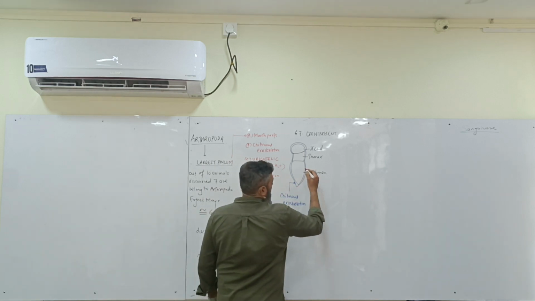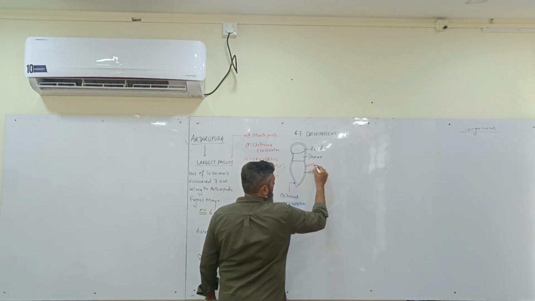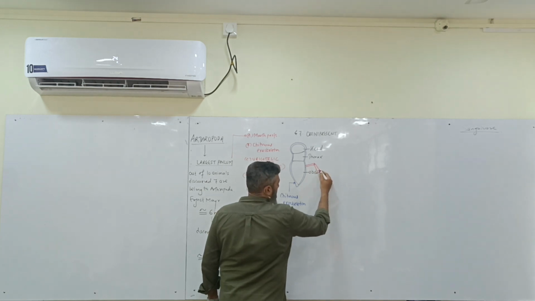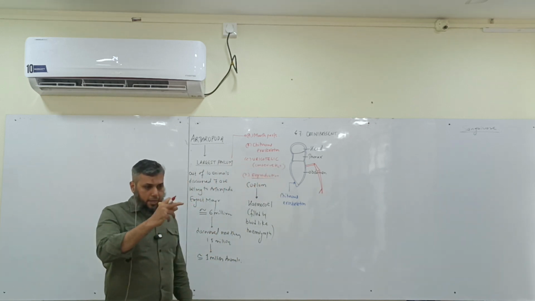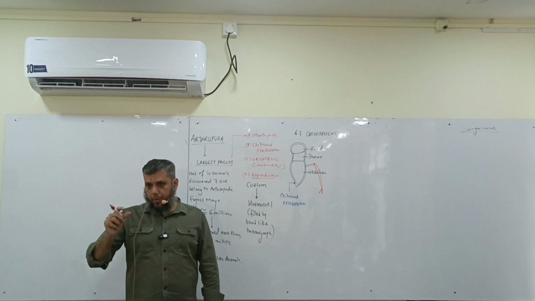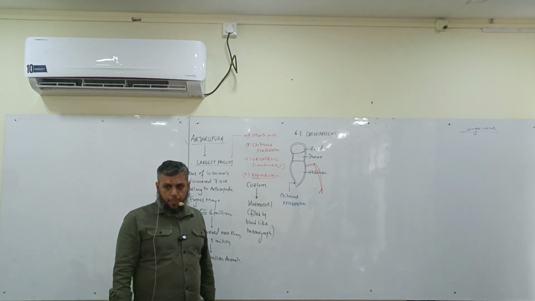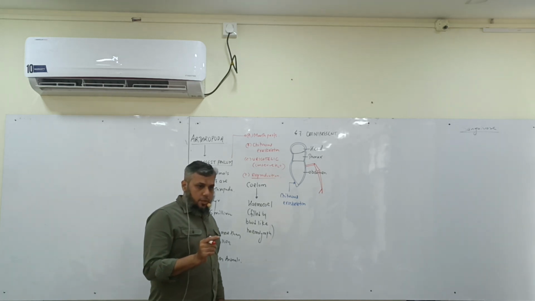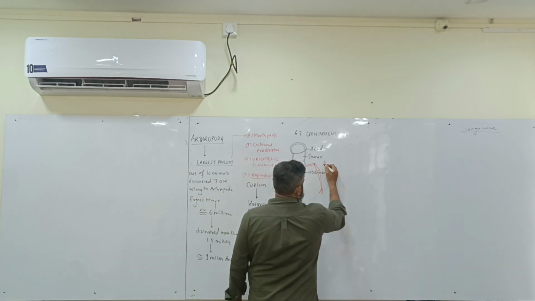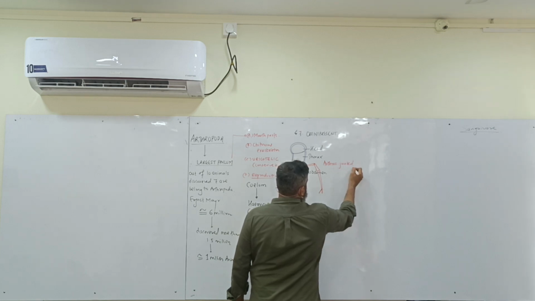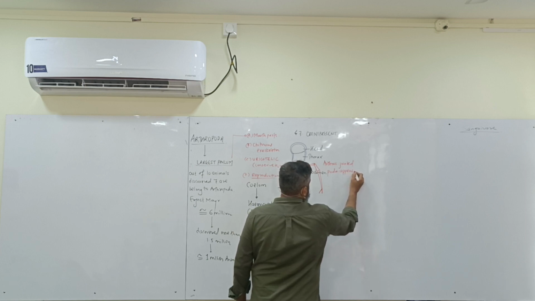Because their body gives out appendages. Appendages means side growths. These are jointed appendages. So arthros means jointed, and poda means feet or appendages.